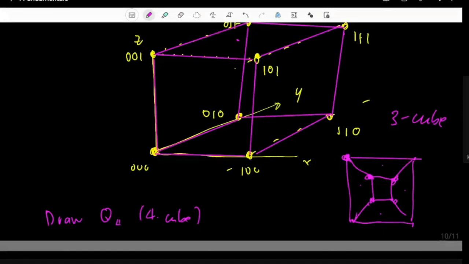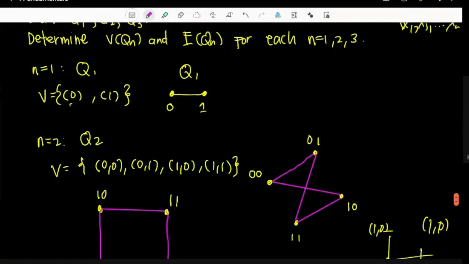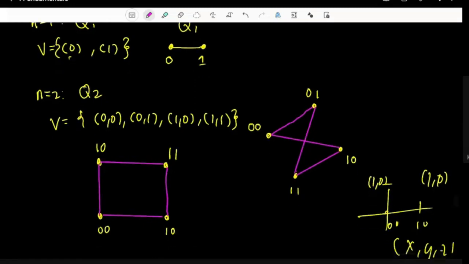Okay? Question? Of course, interestingly, you can also construct the adjacency and the incidence matrix of this graph. So, for brevity, I'll ask you as an exercise to construct the adjacency and the incidence matrix for Q1, Q2, and Q3.